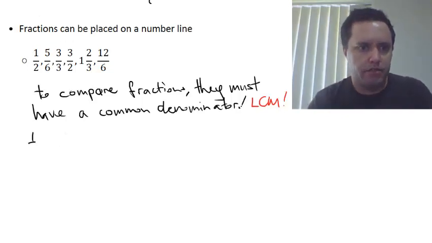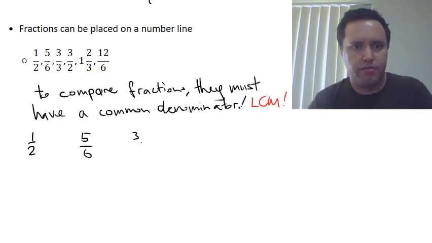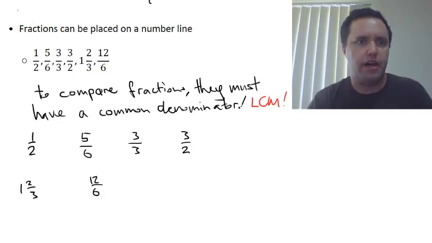So we've got a half there, we've got 5 over 6, we've got 3 over 3, we've got 3 over 2, got 1 and 2/3, and we've got 12 over 6. So when we've got the half, to get it to something over 6, we know that this has to go 2 times 3, so that has to get times by 3, we've got 3/6.